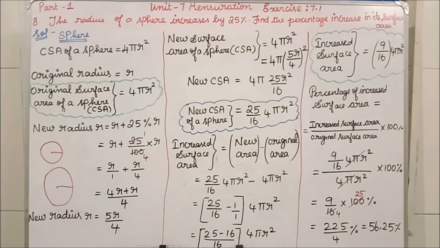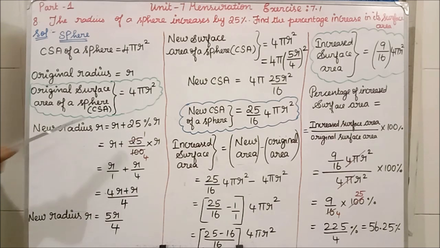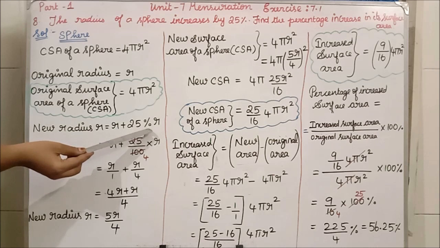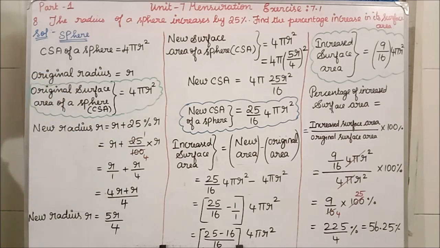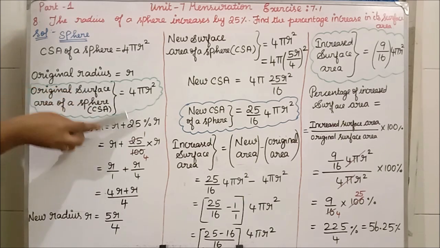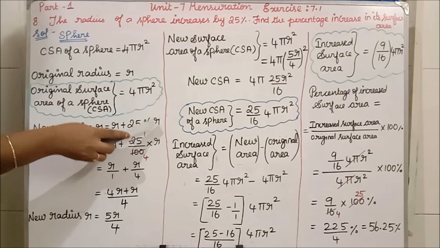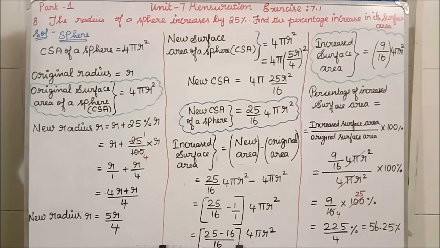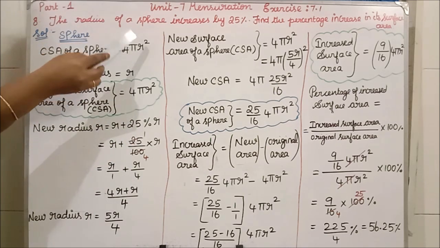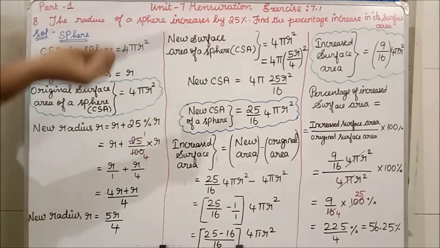Clear now the question? See, how I am writing the new radius: new radius is equal to r plus 25 percentage of r, because the radius is increasing. So how do we write it? The original radius r plus 25 percentage of r, because the radius of a sphere increases by 25 percentage.